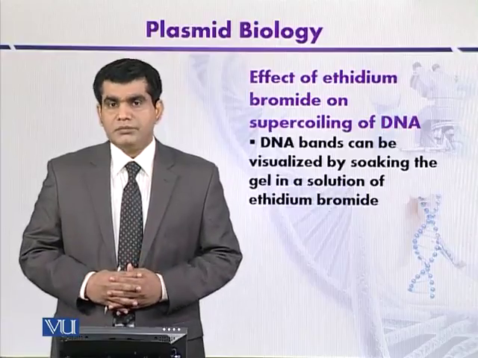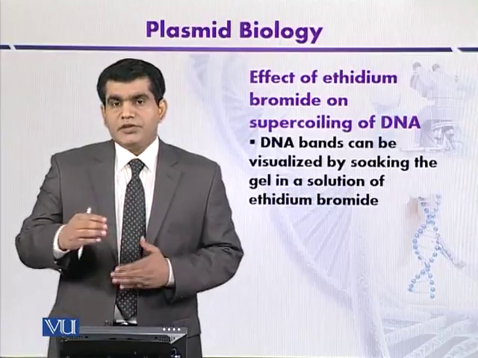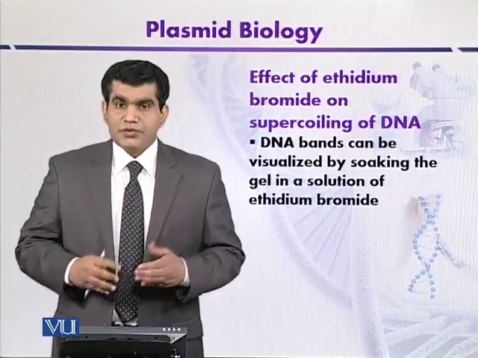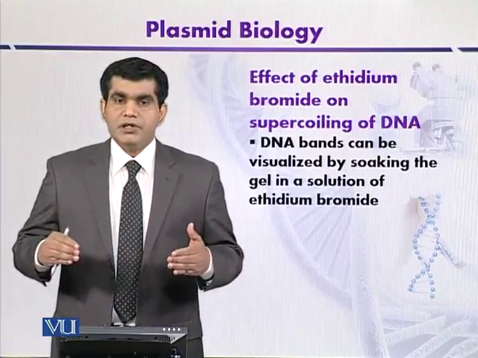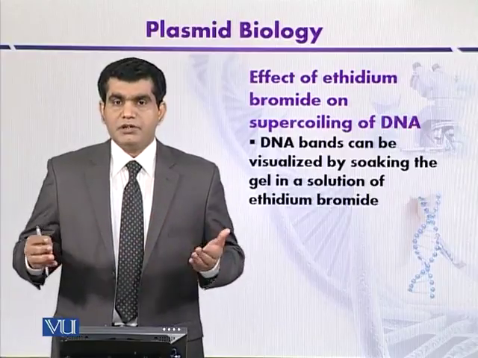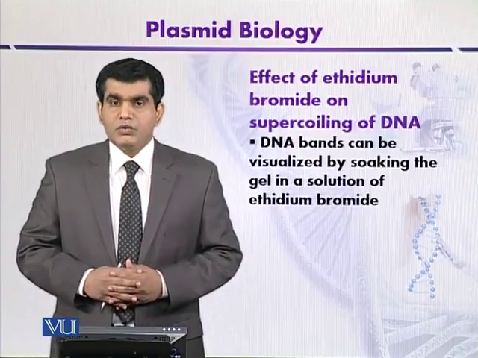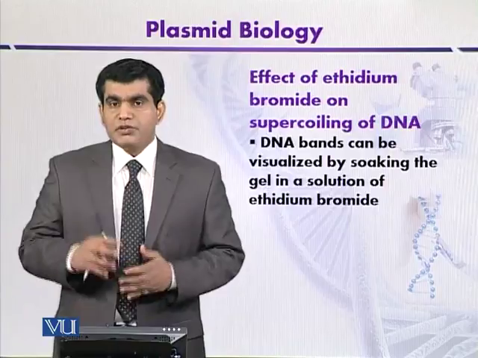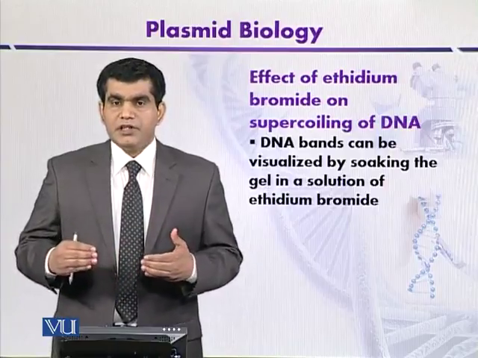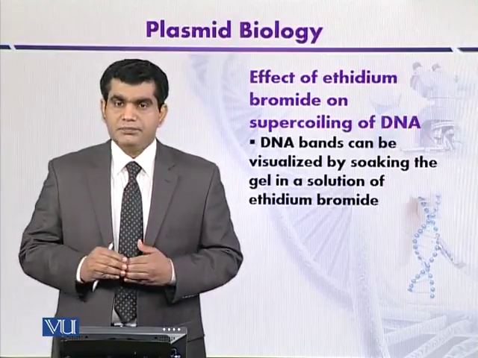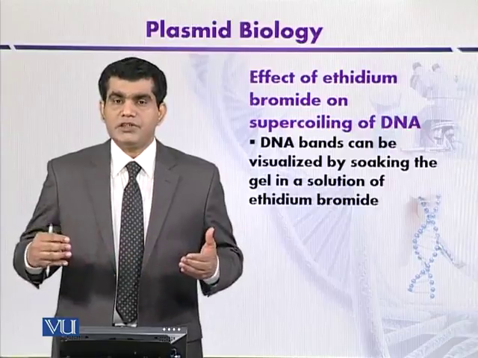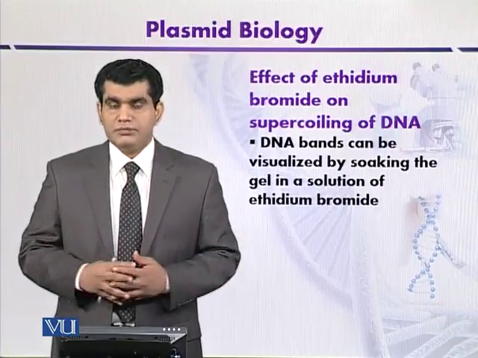light, then after running the DNA on agarose gel, the gel can be stained with a chemical like ethidium bromide. When it is exposed under UV light, the bands of DNA that are separated can be visualized as orange color.